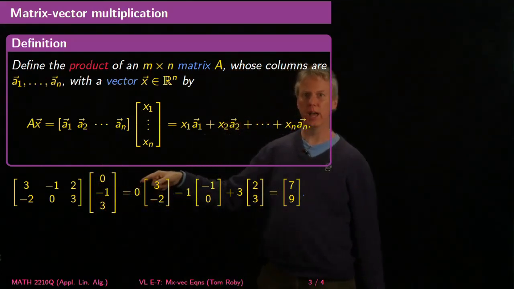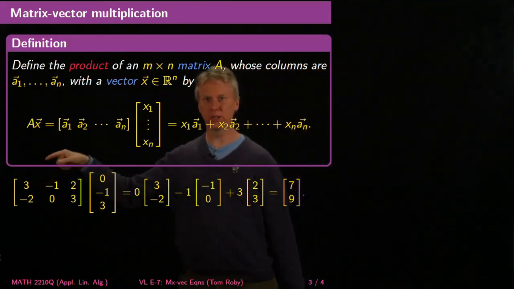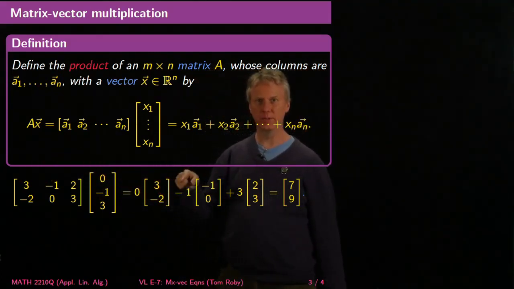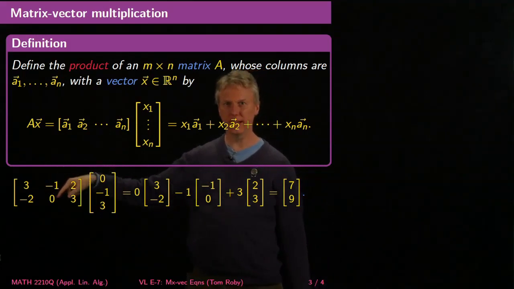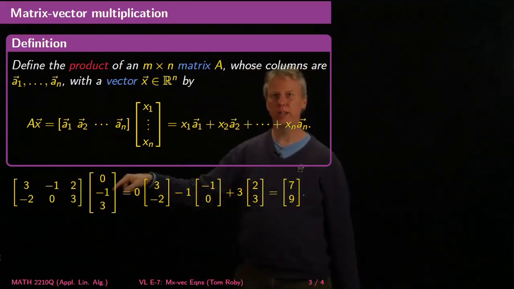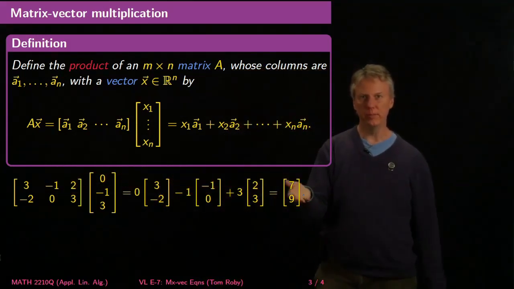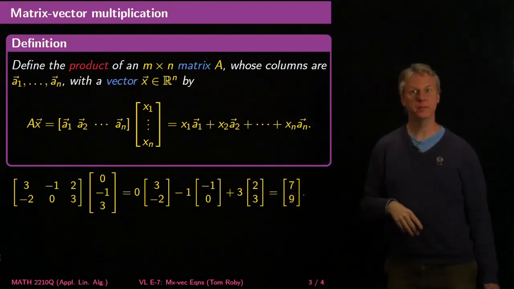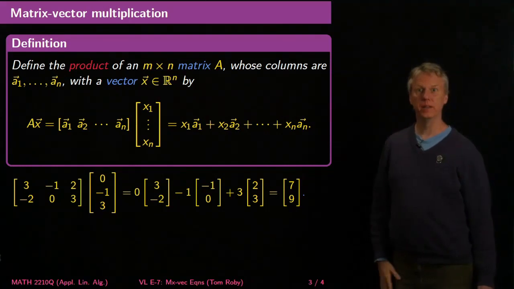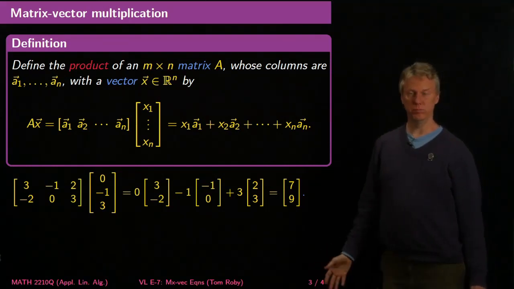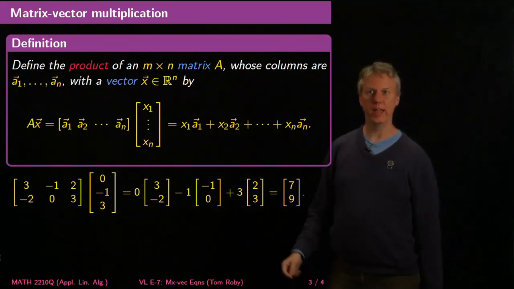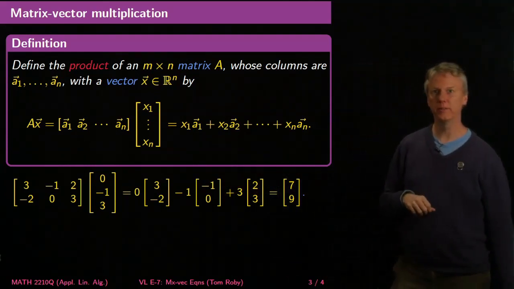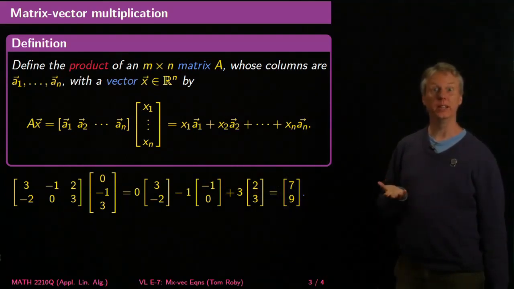Now I just take 0 times the first column, that's 0 times (3, 2), negative 1 times the second column, and 3 times the third column. I add them up, adding coordinate-wise, and I get the answer (7, 9). That's how you do the multiplication of a matrix times a vector. You get exactly a linear combination.